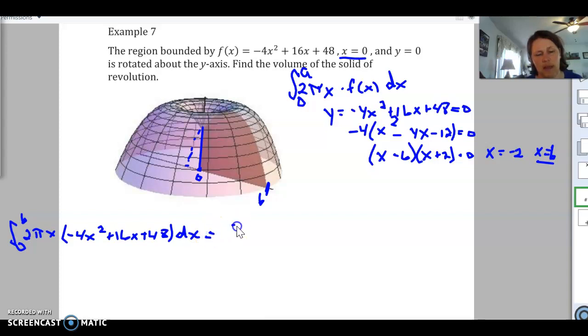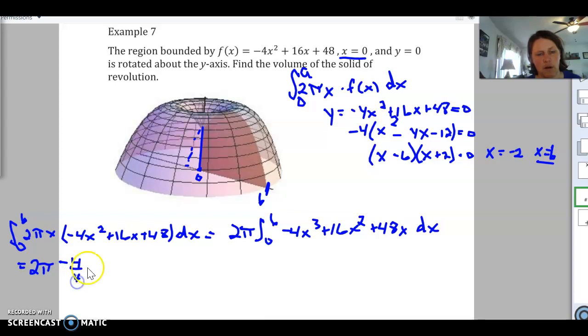Okay, and multiplying that x through and pulling out the 2 pi, we have 2 pi from 0 to 6 of negative 4x cubed plus 16x squared plus 48x dx. Now let's go ahead and integrate. So the integral of that, we're going to have 2 pi times negative 4 over 4 x to the 4th, plus 16 over 3 times x cubed.